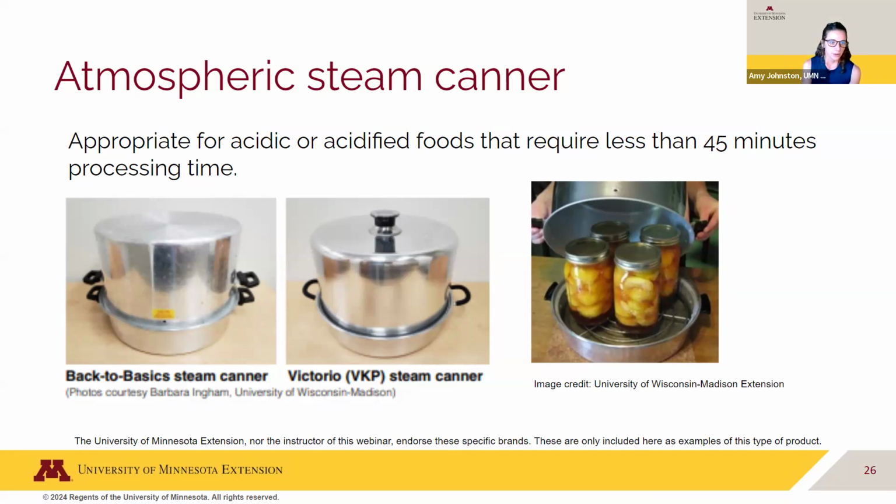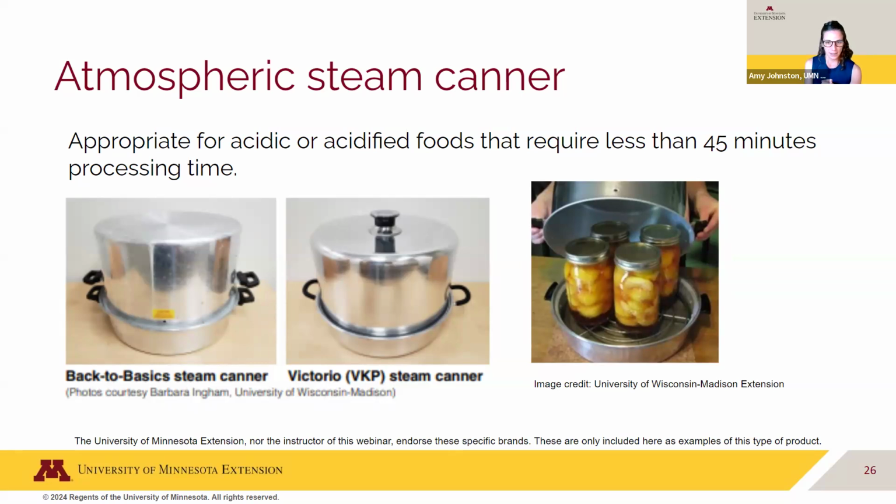In a steam canner, the processing time starts once there is a steady stream of steam flowing from the hole that you can see on the sides of the canner. It'll be coming out, and it should be just a few inches long.